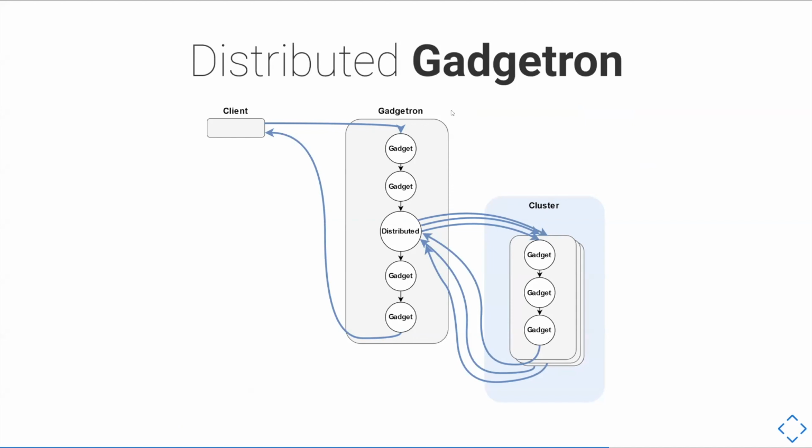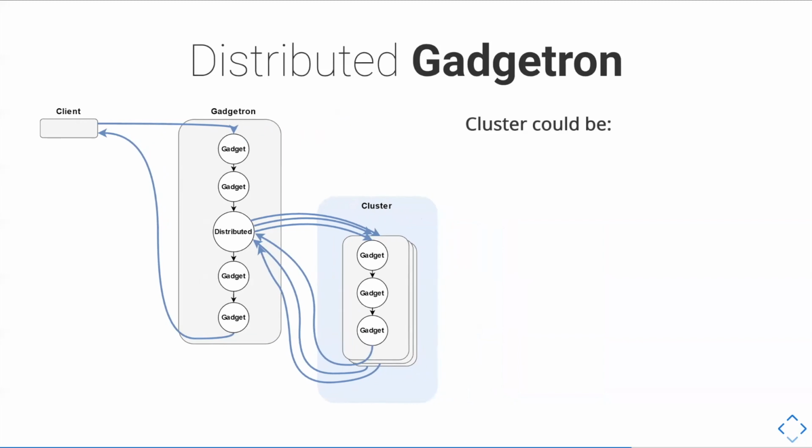So Hui actually developed the initial implementation of this, and we've been reworking it a little bit to make it easier to use for many other applications. So the cluster itself could be a local cluster if your university or hospital has one of those.